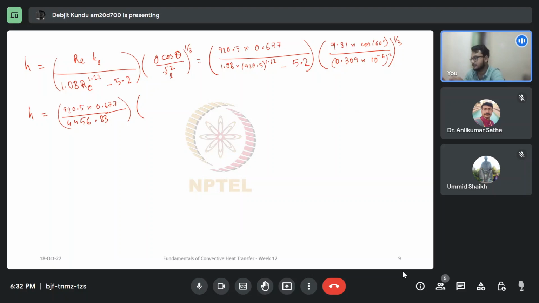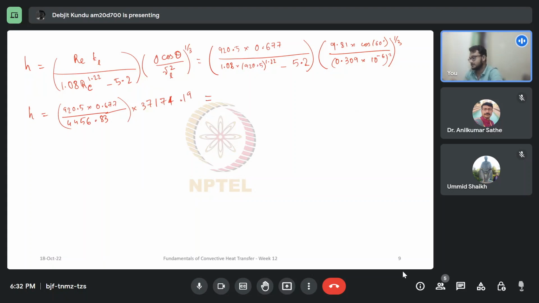Now we have to take the cube root of that, which gives 37174.19.